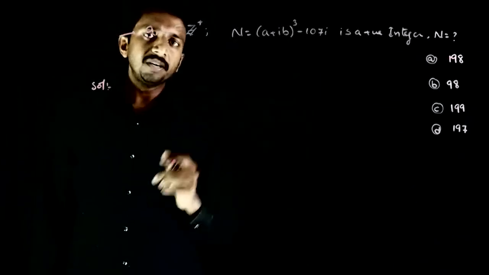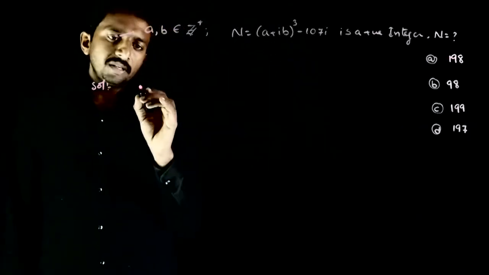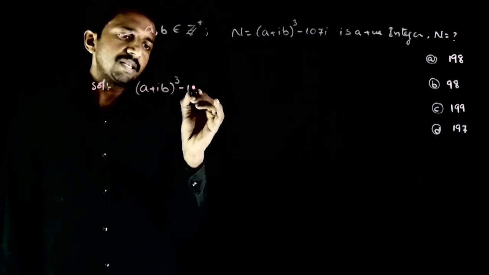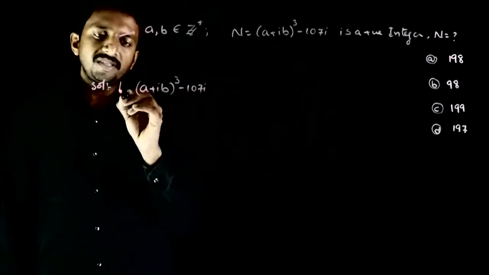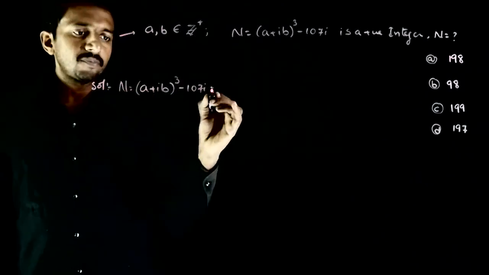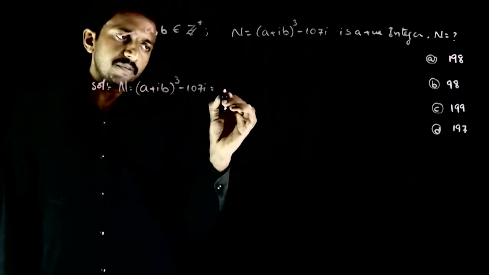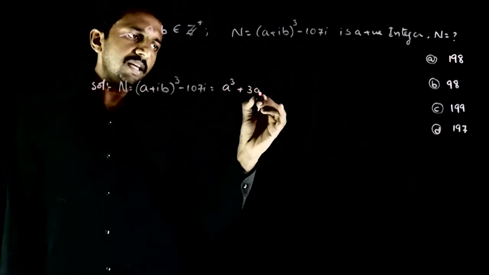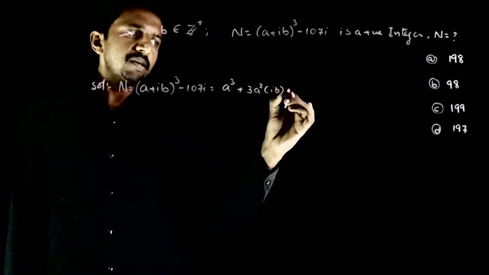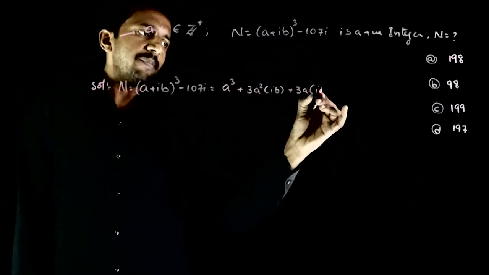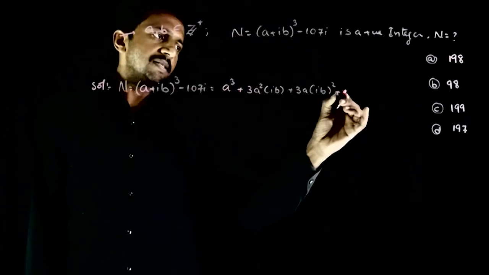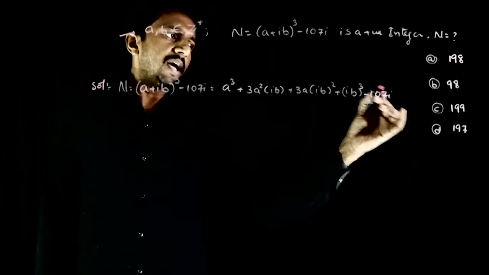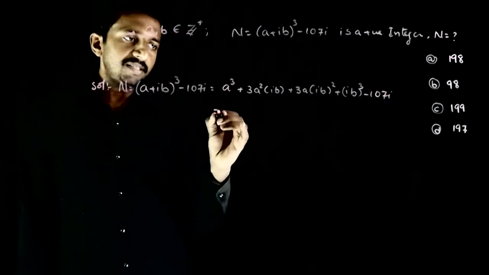First I will expand n. So (a plus ib) whole cube minus 107i is equal to n. Expanding (a plus ib) whole cube: a cube plus 3a square into ib plus 3a into (ib) whole square plus (ib) whole cube, minus 107i.